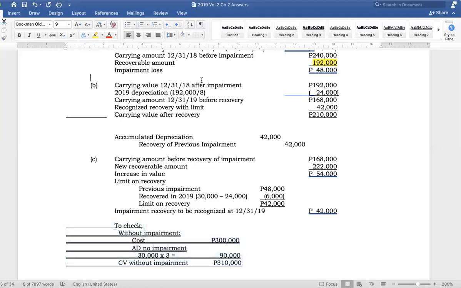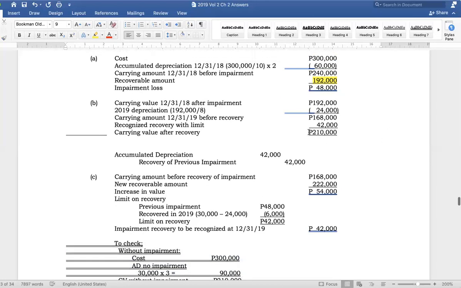Okay. Therefore we go back. No, that's not 310. It's 210. Okay, so we go back now to 210,000 as computed here.